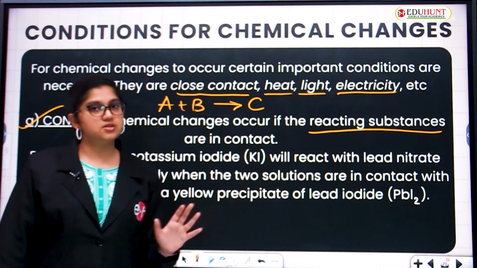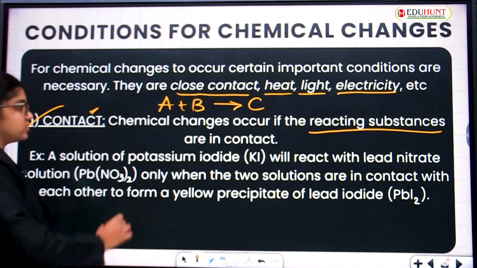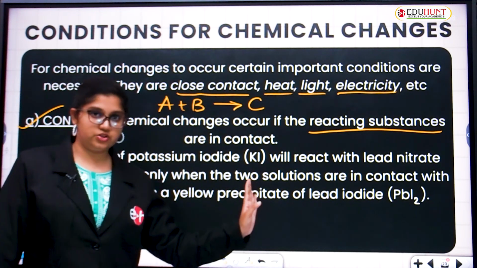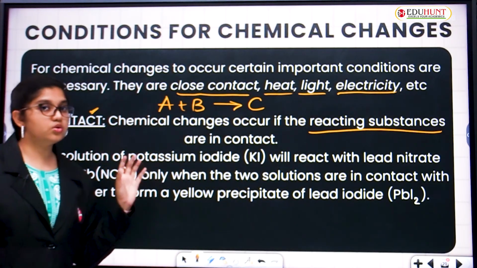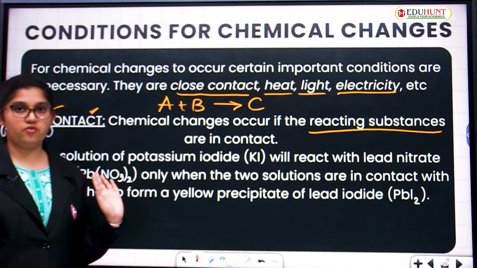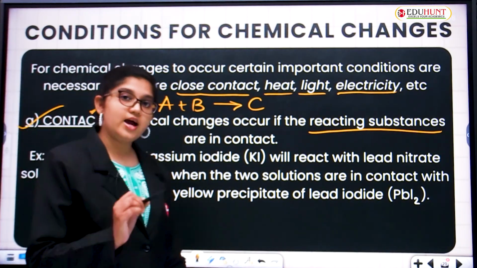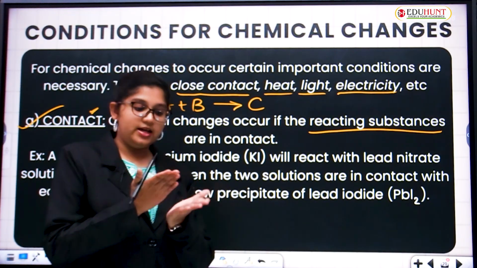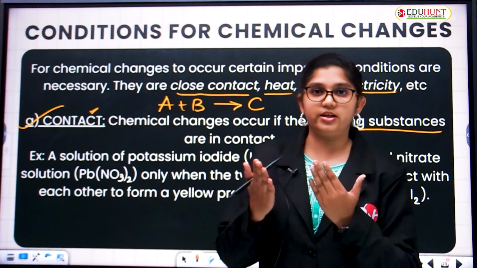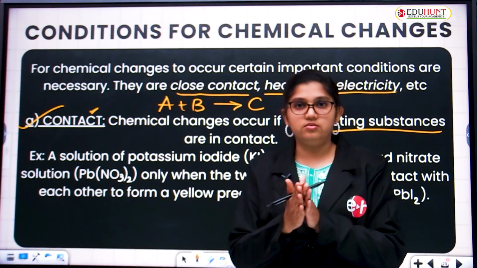These two substances react together in close contact for a chemical reaction to occur. So such conditions, we can simply say, belong to the close contact category of a condition of a chemical change. Contact means they are in contact with each other, close contact, touching one another.